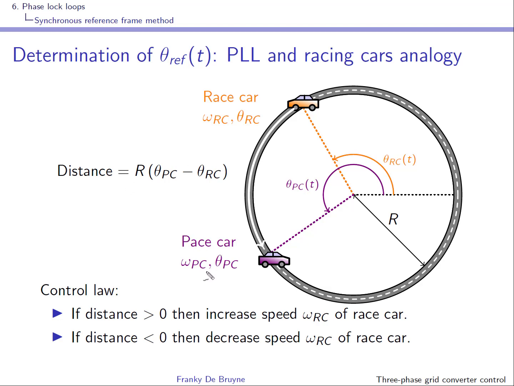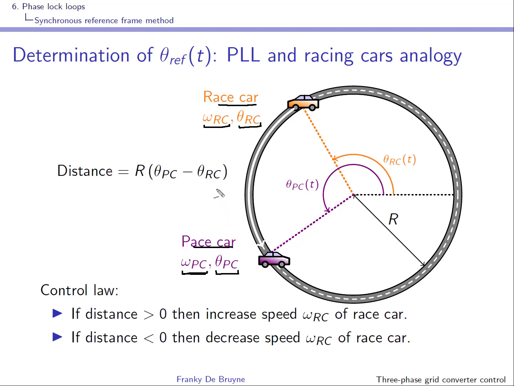It has a certain rotational speed, and it's described by this rotation angle theta pc. And then there is the race car or chasing car, which also has a speed, and its position is described by the rotation angle theta rc. We'll assume here that the speed of the pace car is constant, and that the job of the race car or follower car is to lock on the pace car.